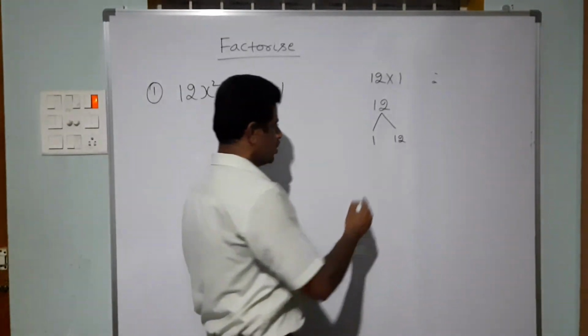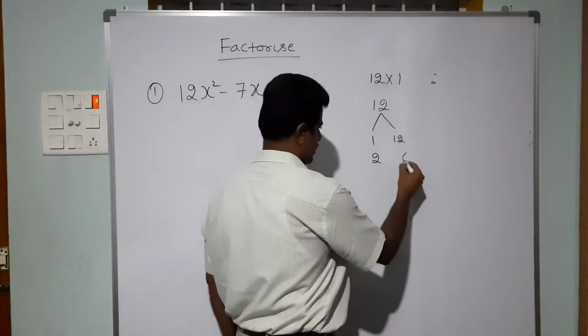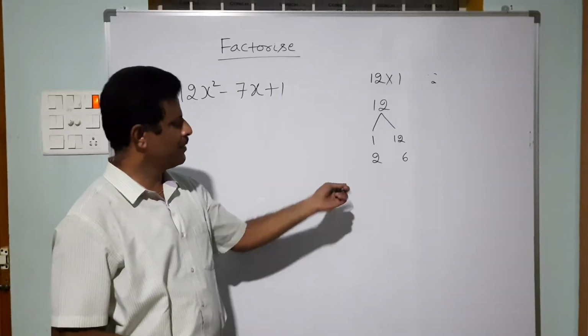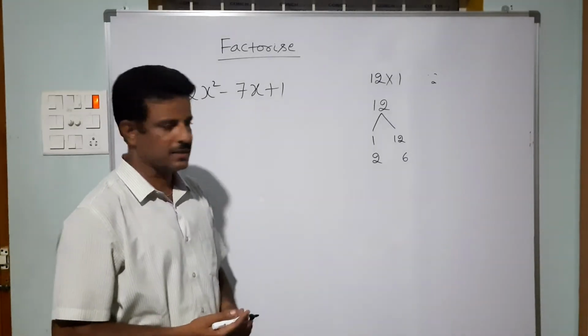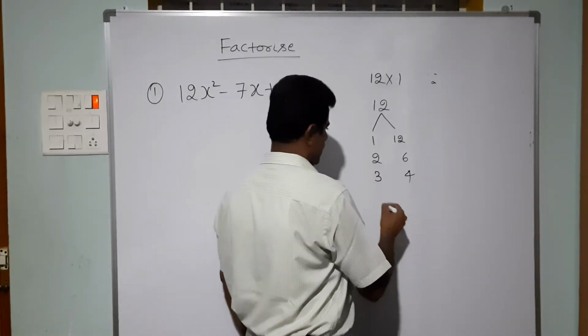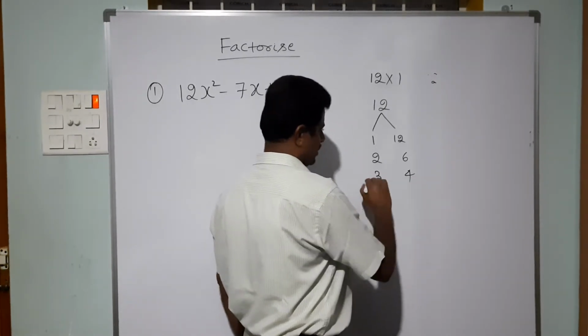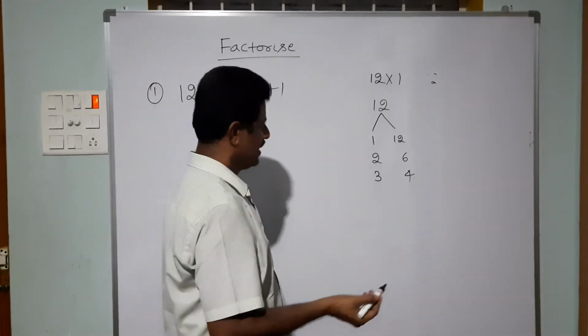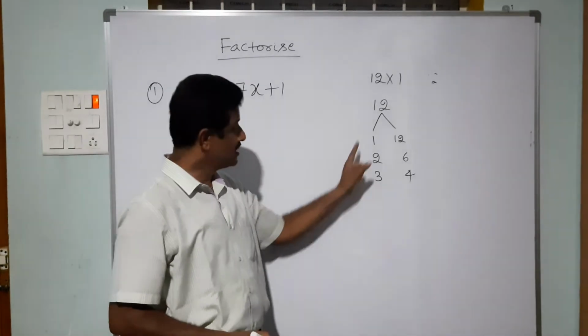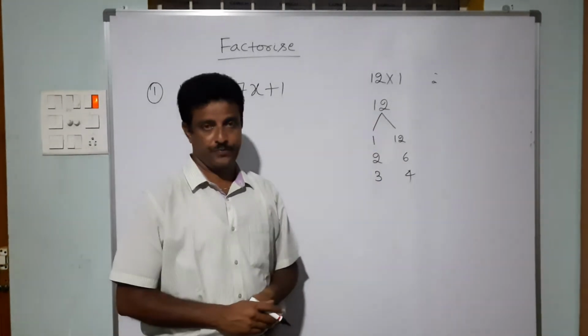Next 2 into 6, 2 6s are 12. What are factors? Whichever numbers multiply to give 12 are factors. Next 3 4s are 12. Next 4 3s are 12. Okay, no problem. Next 5. Next 6, 6 2s are 12, already I have taken. These are the factors of 12.